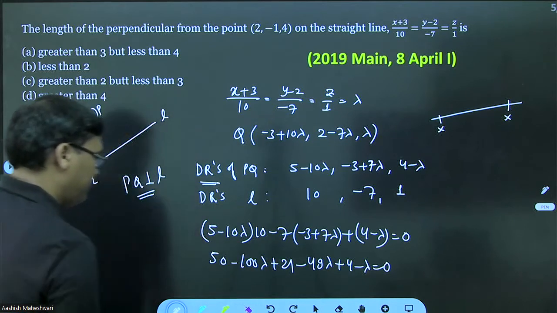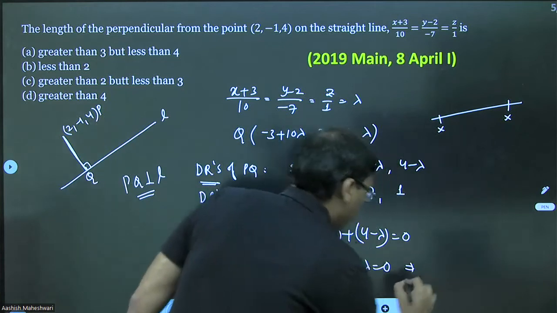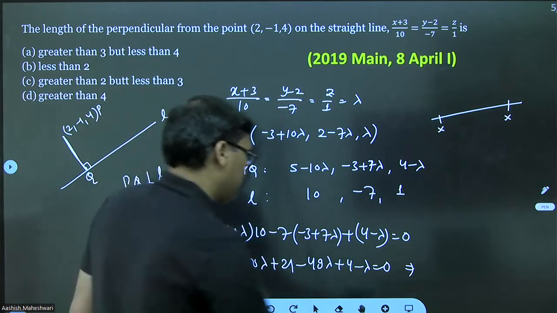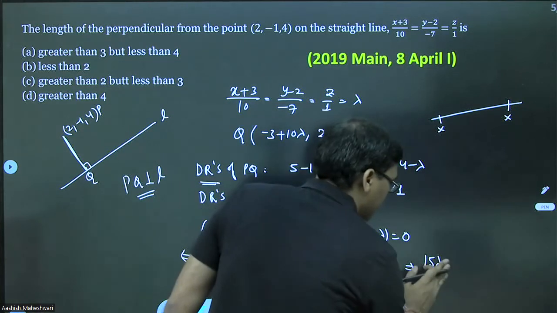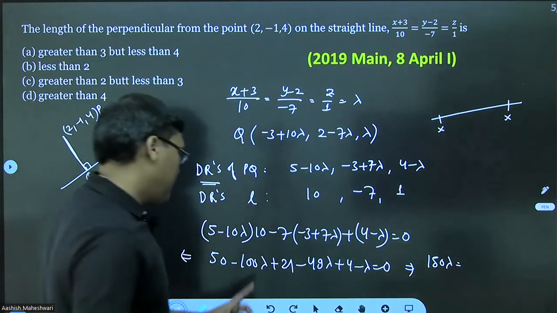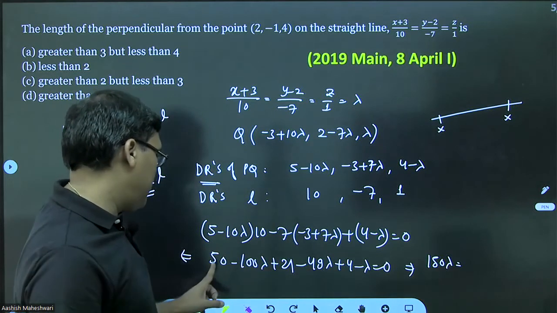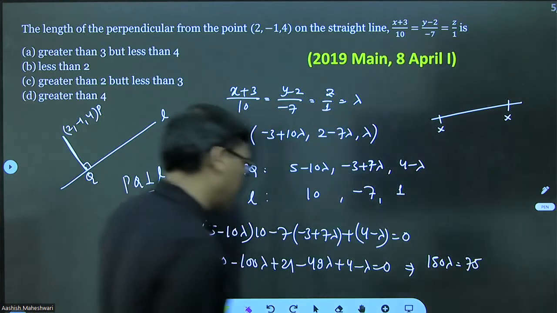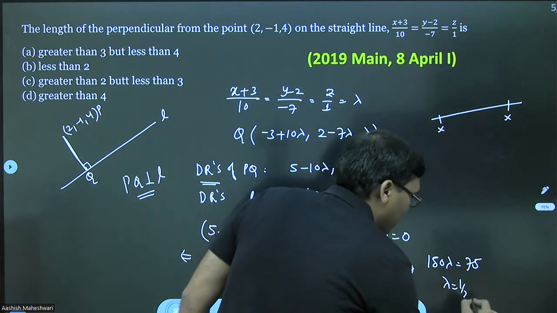This will give you 150 lambda, 149 and 1, so this is 150 and this is 75. You can check the calculations. And now what is the value of lambda? Lambda is equal to 1 by 2.